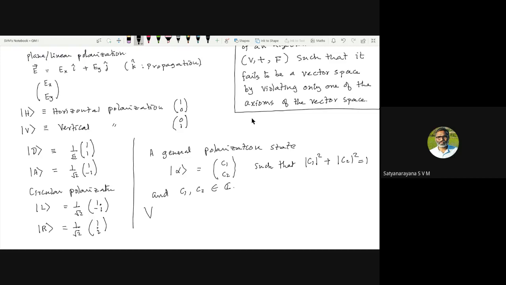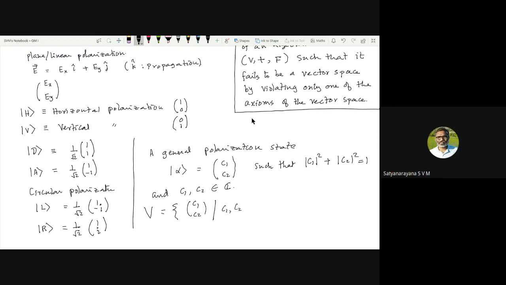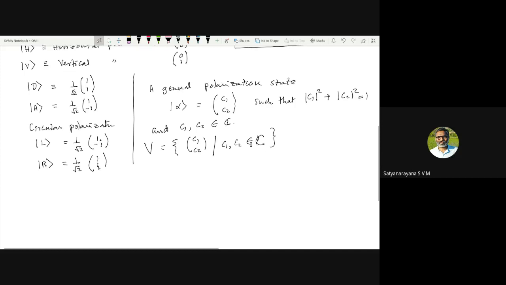So now if I define a vector space V, which is equal to the set of (C1, C2) such that C1, C2 belong to complex numbers, then this is definitely a vector space, because (0, 0) is the identity, and (-C1, -C2) will be the inverse of (C1, C2).